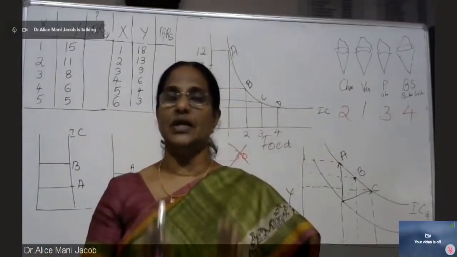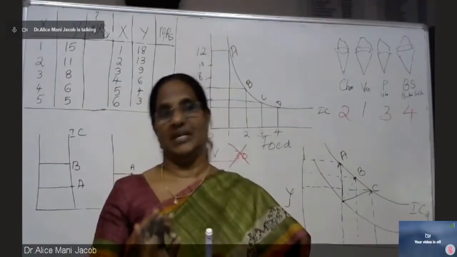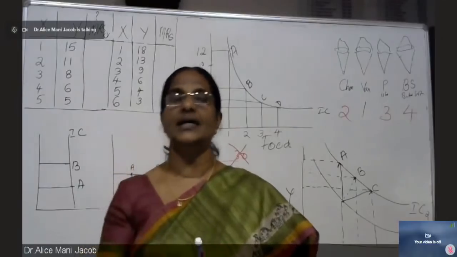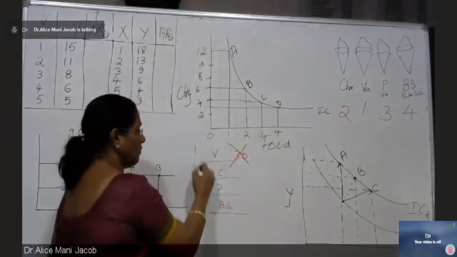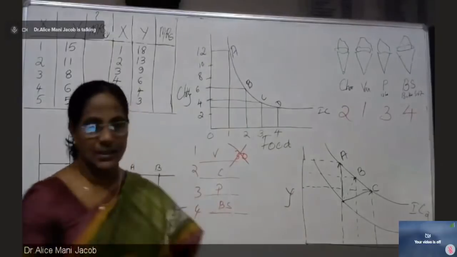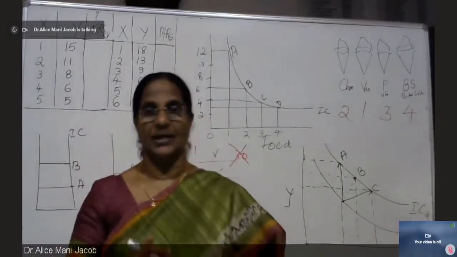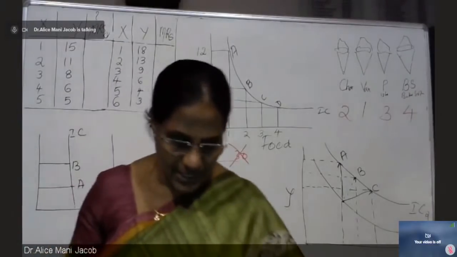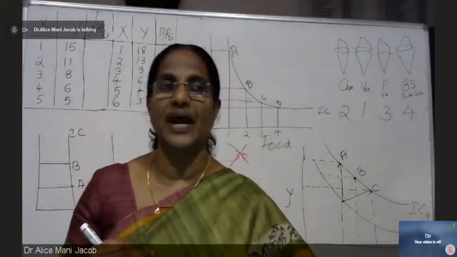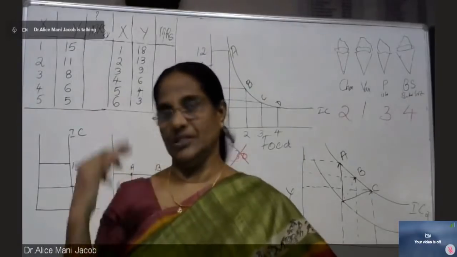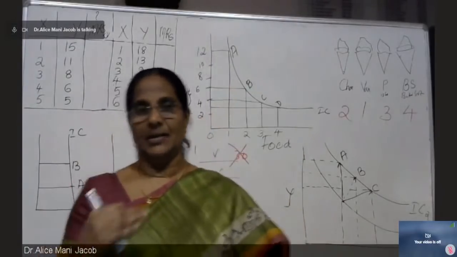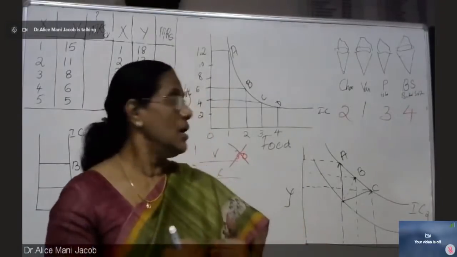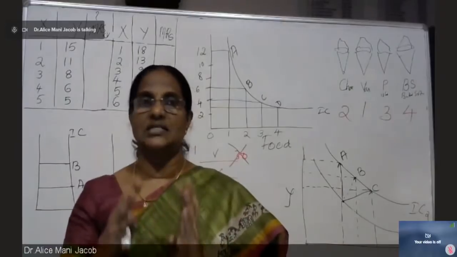You have full information, and so you are capable of ranking. For example, this got first rank, second rank, third rank, and fourth rank. You are capable of expressing your preferences. Okay? Then, the next thing about our ordinal utility approach is, preferences are transitive.